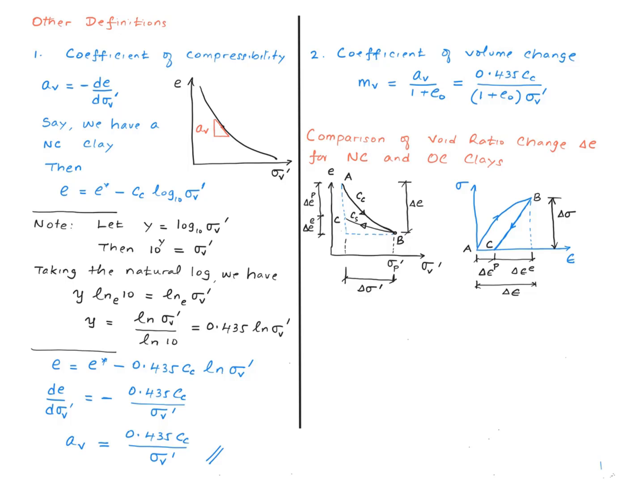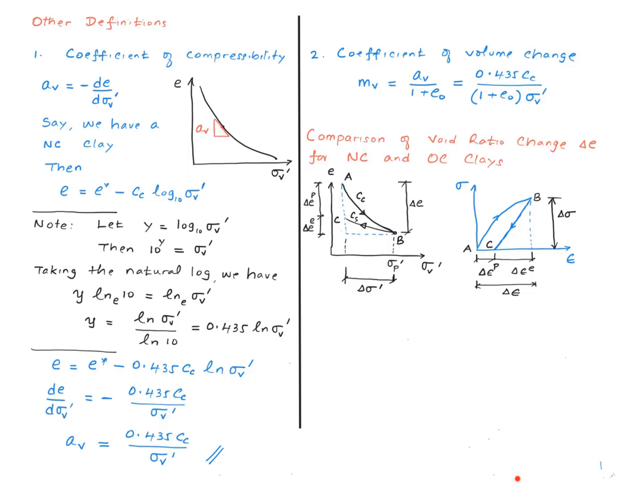Now if we were to reload it from C to B along this curve, the change in void ratio is simply going to be delta e superscript e. So that is much smaller than the change in void ratio during loading from A to B. Another way of saying that is that if the soil had been normally consolidated, the change in void ratio as we increase the stress from this point to this point by this much is delta e.